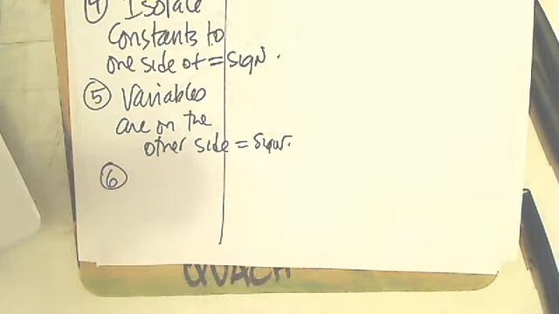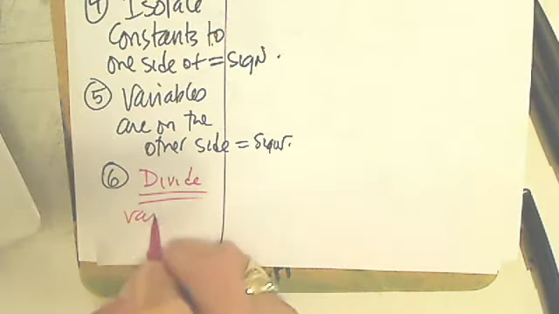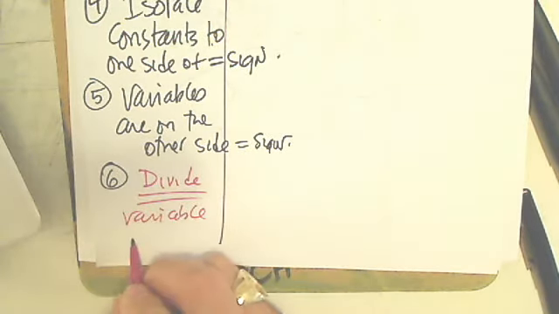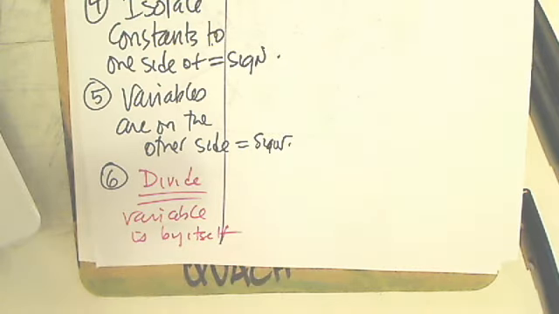Think about the last step. Divide. You divide. Divide the variable, so the variable is by itself.